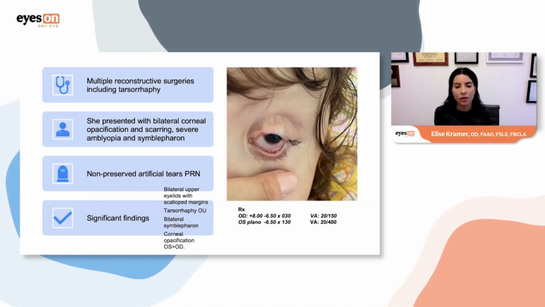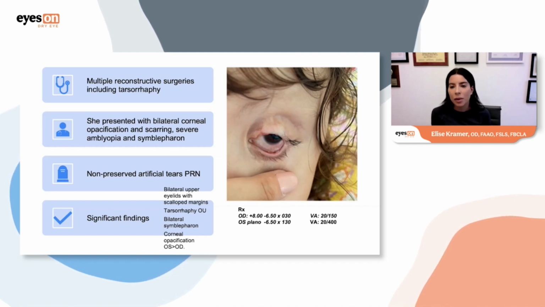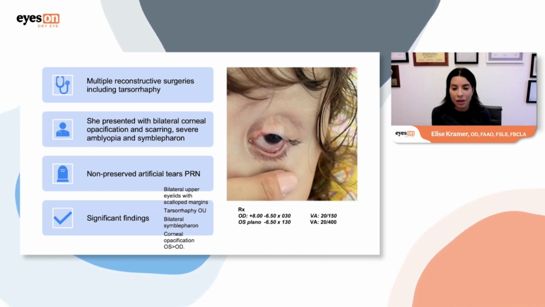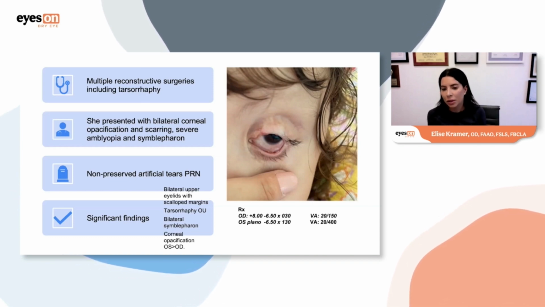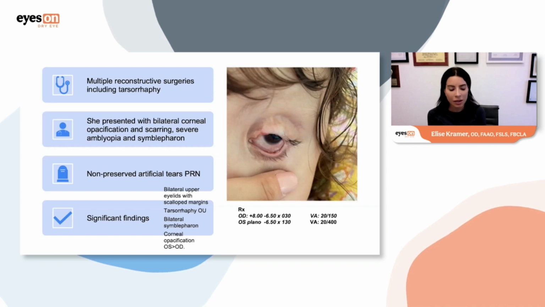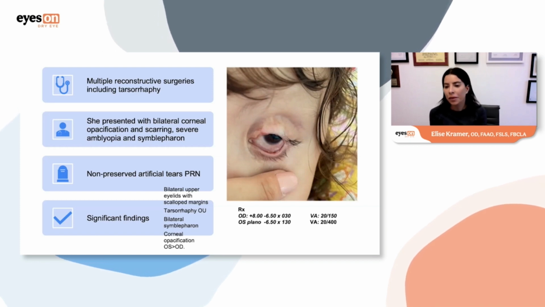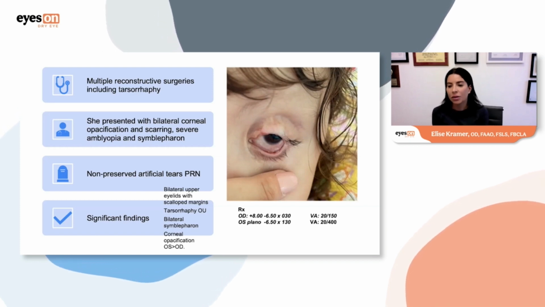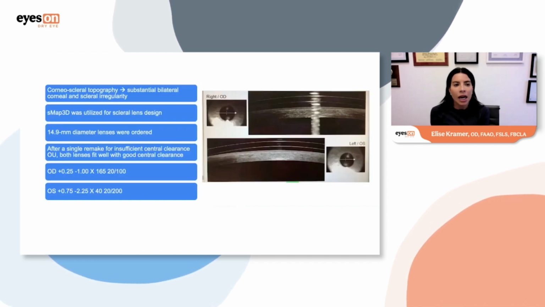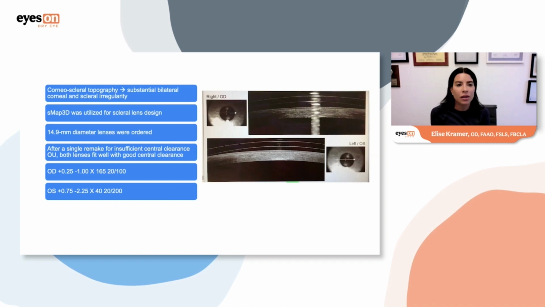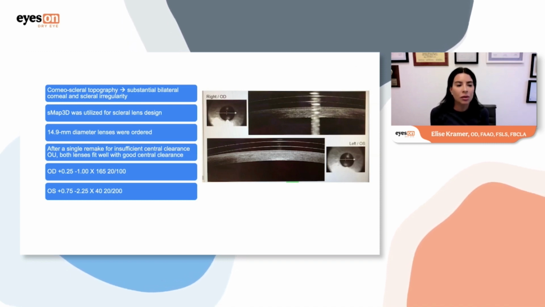You can see the tarsorrhaphy, bilateral symblepharon, and corneal opacification, which was a little bit worse on the left than the right. This is her spectacle prescription, so you can see a lot of irregular astigmatism there, which shows pronounced amblyopia. We did a corneoscleral topography, which shows substantial bilateral corneal and scleral irregularity.